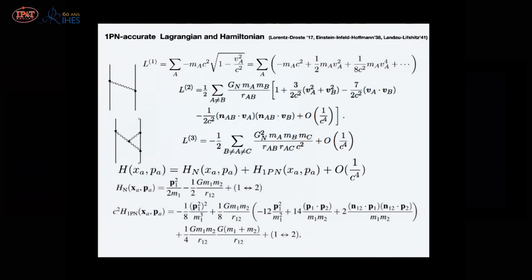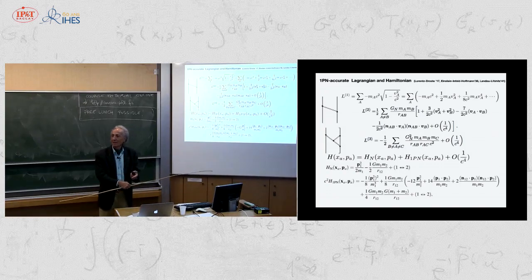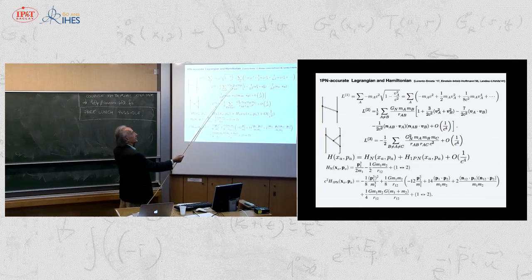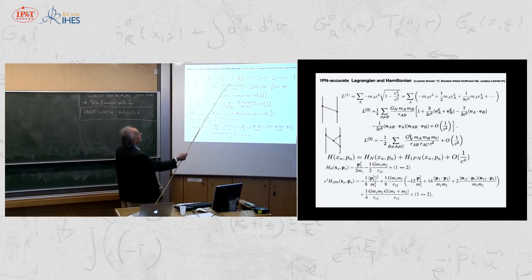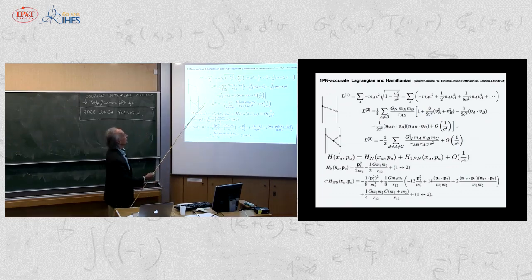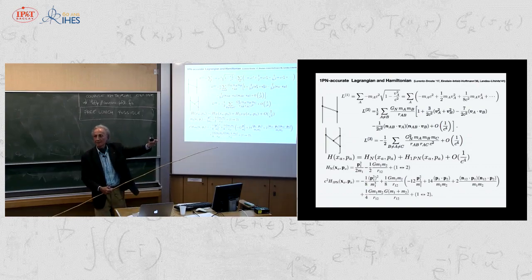From this, already in 1916, Droste computed the motion of planets, including the first nonlinear terms. And later, with Lorentz, he showed that you can extract from it a Lagrangian description. And already in 1917, they computed the Lagrangian at the first correction beyond Newton. So this Lagrangian is made of three parts.